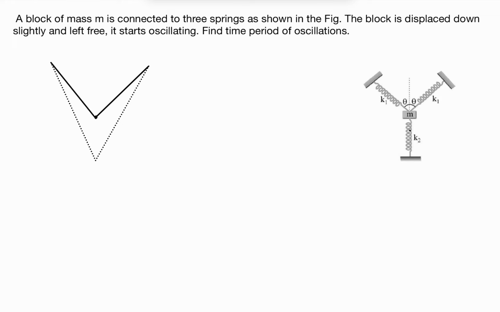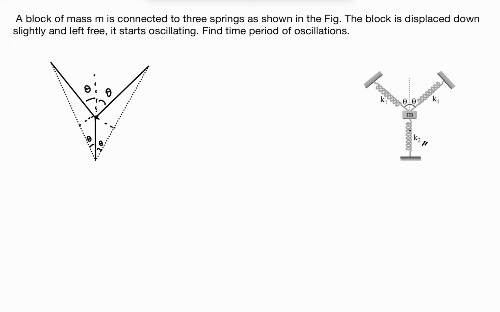The vertical K2 remains the same, displaced vertically down. From the diagram, if this angle is theta, then this angle is also theta. To find the extension, draw the perpendicular line.